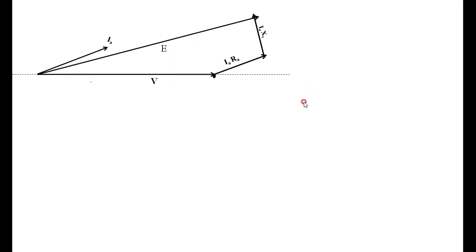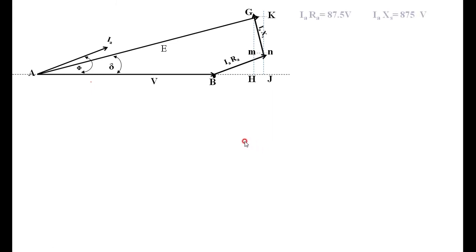For that, how do we find it? This angle is phi, this angle is delta. I am making some construction lines: AB is V, then I draw GH and KG, from the tip of IRA and the tip of the IXS axis. This is a construction line.